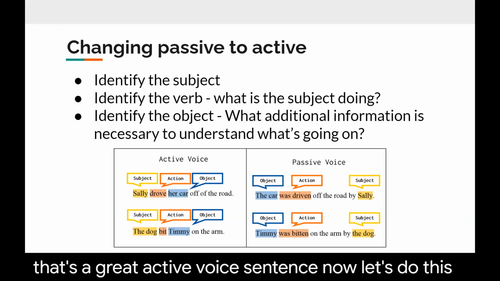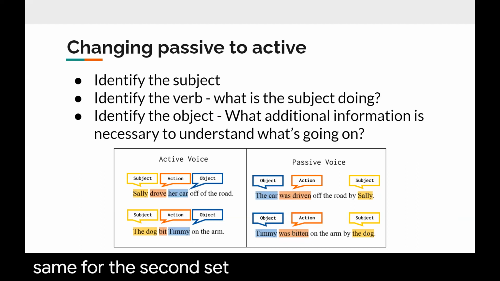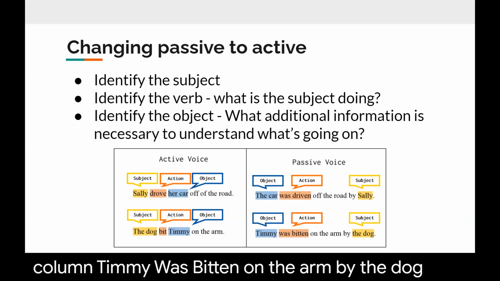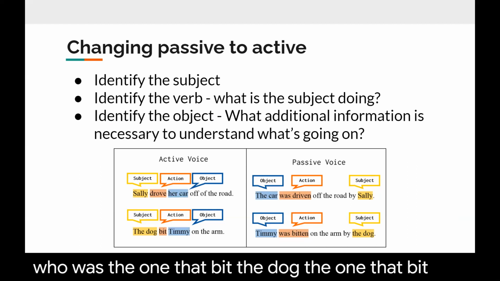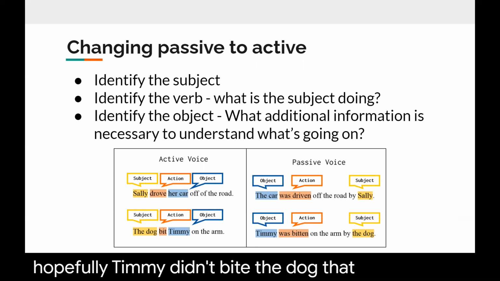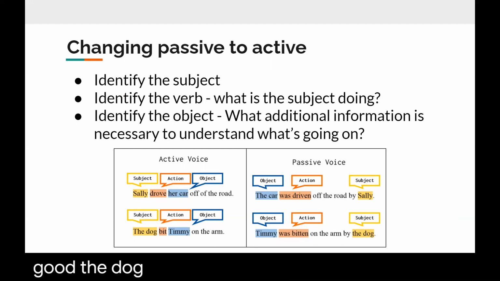Now let's do the same for the second sentence in the passive voice column. Timmy was bitten on the arm by the dog. Now, who was the one that bit? The dog was the one that bit. Hopefully Timmy didn't bite the dog. That would not be good. The dog is the one that bit Timmy.